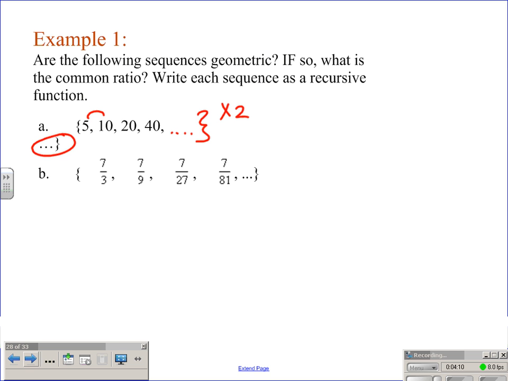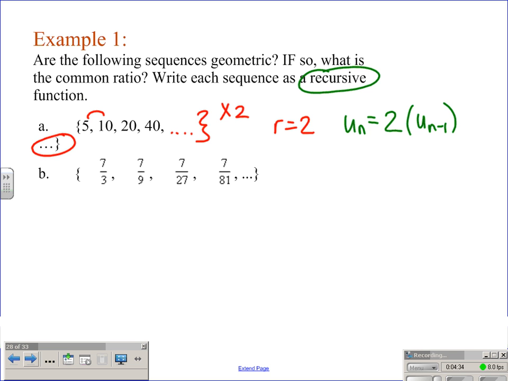So yes, it is a geometric sequence. The common ratio r is equal to 2, and when we go to write our recursive formula, the nth term is equal to the common ratio times the previous term. And there we have that one.